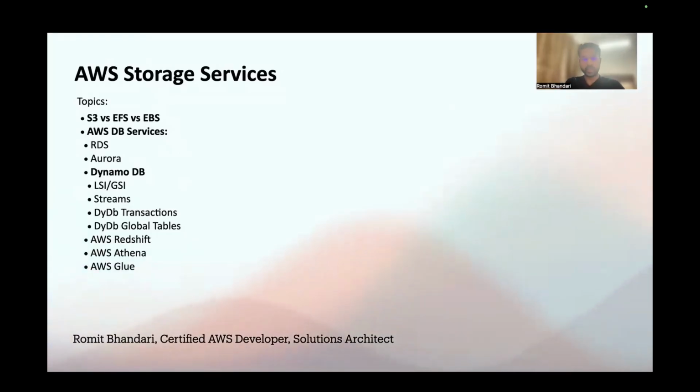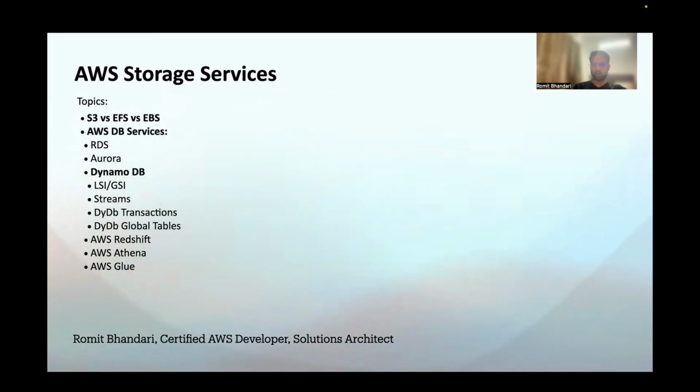In this video we'll look at the AWS Storage Services, basically the databases and services where you can store files, data, etc. We start off with understanding and discussing features of S3, EFS, EBS, and then we move towards DB services like relational databases like RDS, Aurora, and then finally we move towards the NoSQL database, the most important one in AWS, which is DynamoDB.